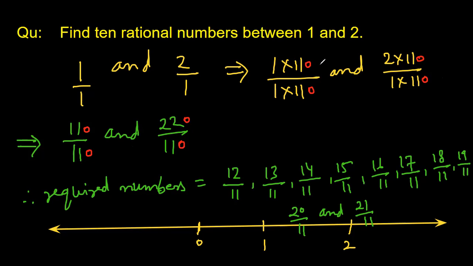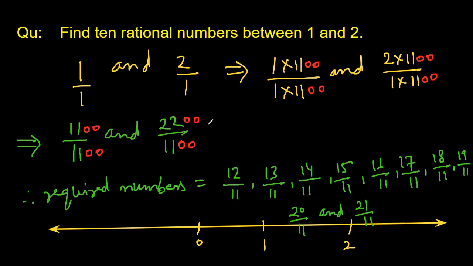Now, if you multiply this by 2 more zeros, just like that, how many numbers can you find now? You can find between 1100 and 2200 actually 1000 numbers. First, you found 10 numbers, then 100 numbers, then 1000 numbers.